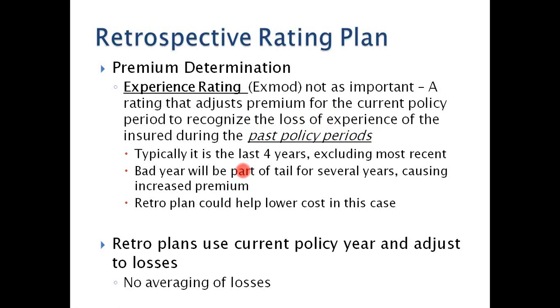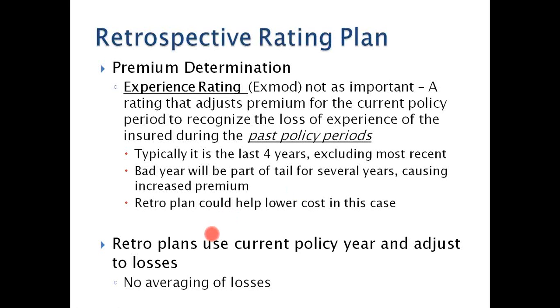The reason is that with an X mod, a bad year can be part of the tail, and with a retro plan, because we're not using an X mod, it's using your actual experience. We're not going to recognize those bad years as part of it. We're going to look at really the most recent year and make a plan, and then you're going to be paying claims either up or down based upon the year in which we're doing the retro plan.